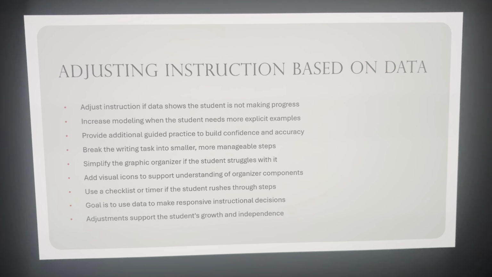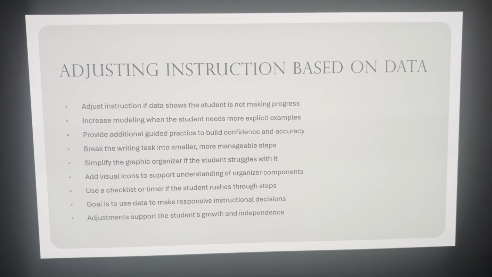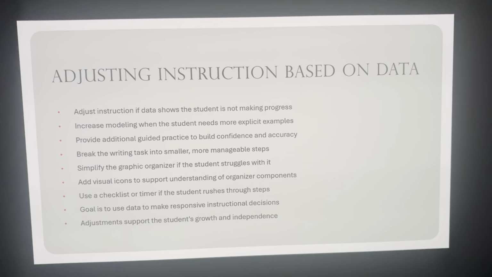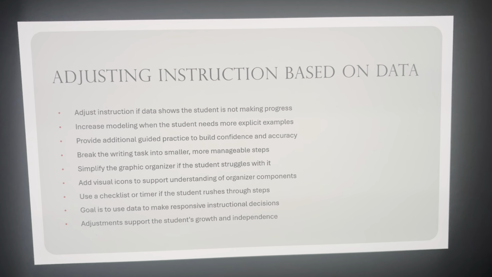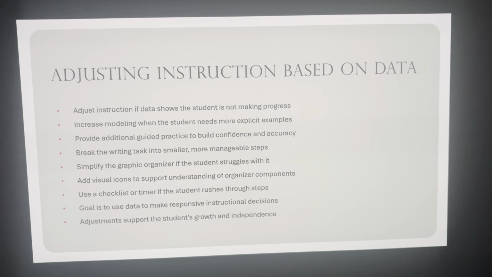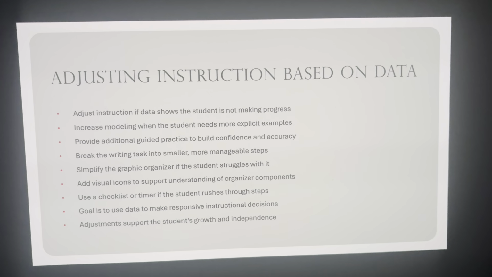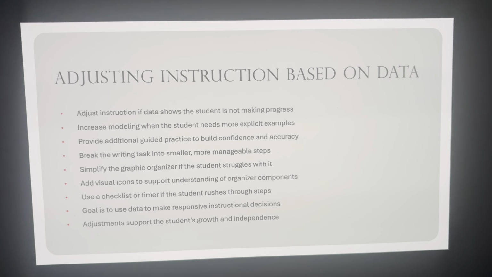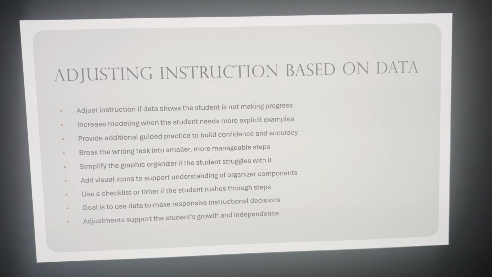If the student is rushing through the steps, I might incorporate a checklist or timer to help pace the task. The goal is to use the data to make responsive instructional decisions that support the student's growth and go at their pace to make them feel comfortable.